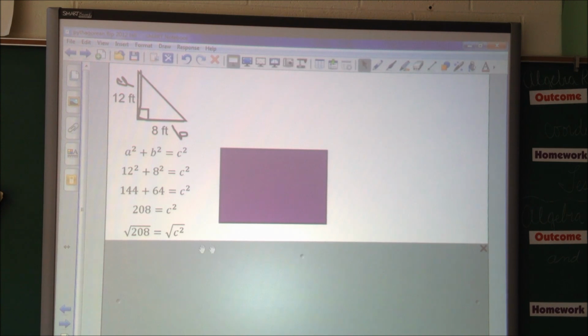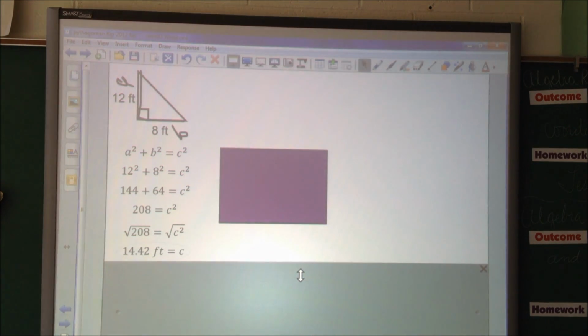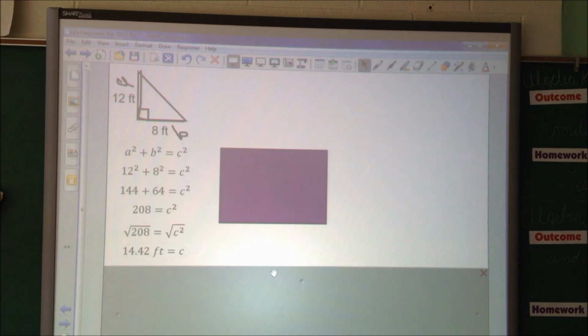When I stick this in my calculator, you hit second x to the power of 2, and I get 14.42 feet for C. So this side of the triangle is 14.42 feet.